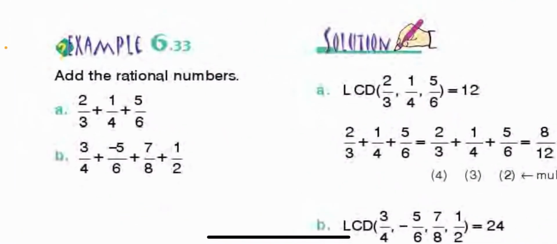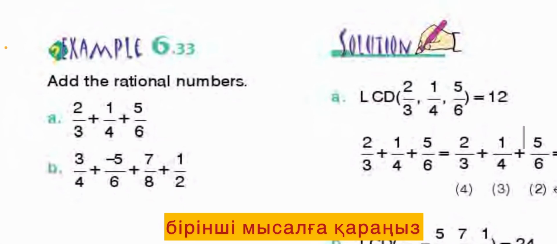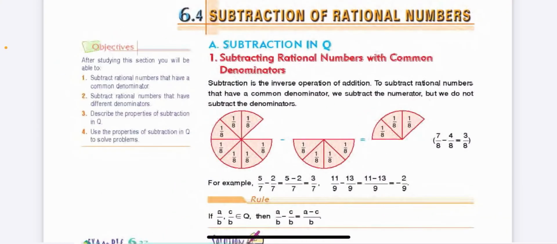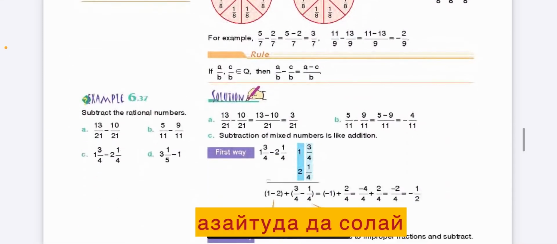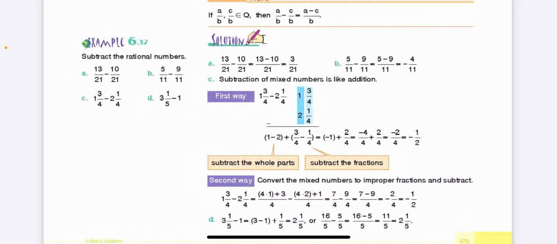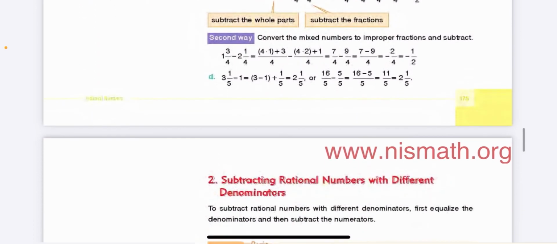For example, to add these three fractions, 2 over 3 plus 1 over 4 plus 5 over 6, we find the LCD. LCD will be 12. Skipping into subtraction of rational numbers, it is the same thing. We just subtract numerators and also find the LCD.